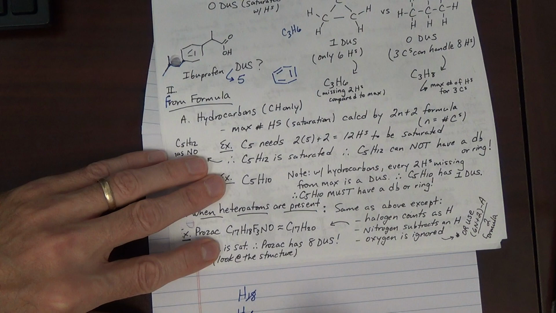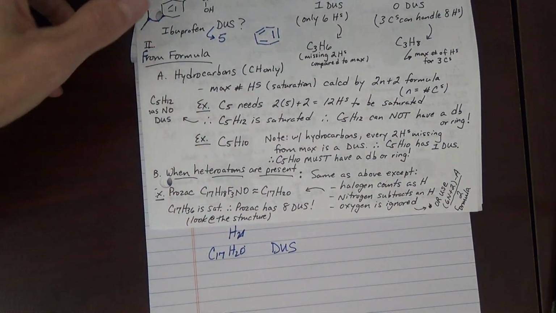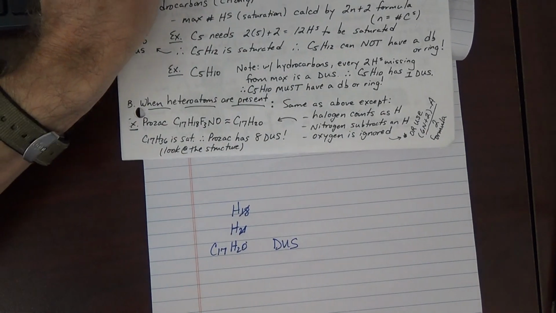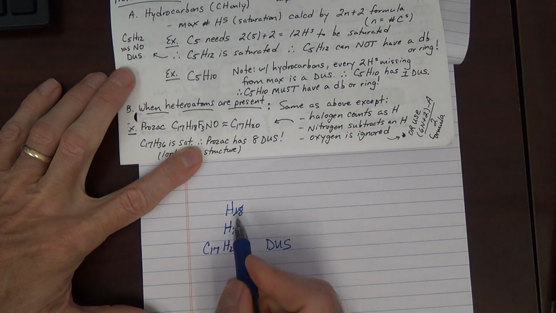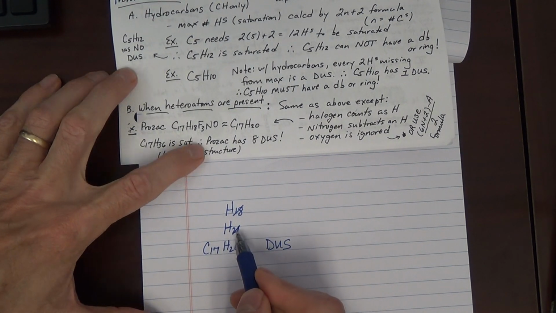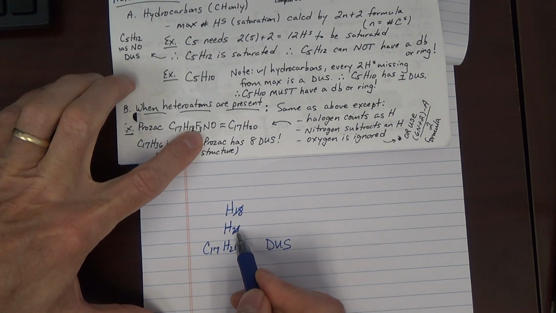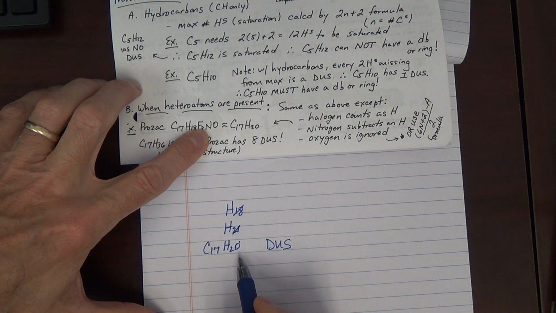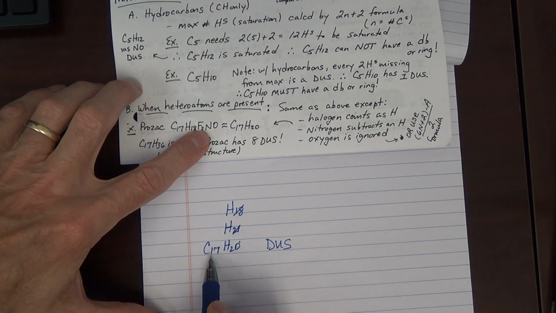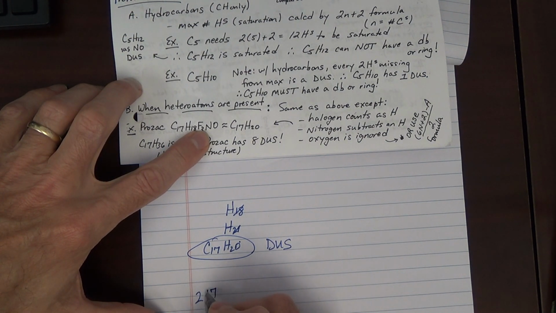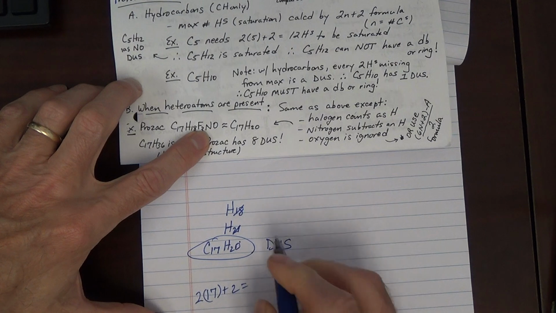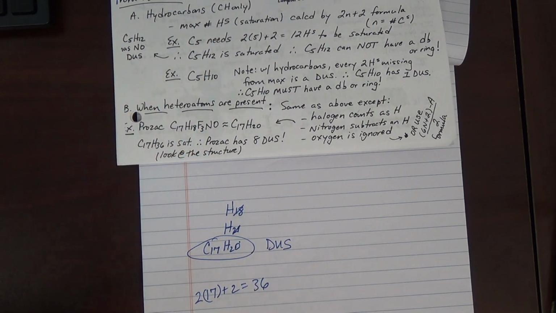Now we can do DUS. Sorry, that was a little low. We started with 18, we added 3 to replace the 3 halogens, but then we subtracted 1 because we had a nitrogen. It got us to this hydrocarbon formula, which we can now work with. C17, 2 times 17 plus 2 equals 36.